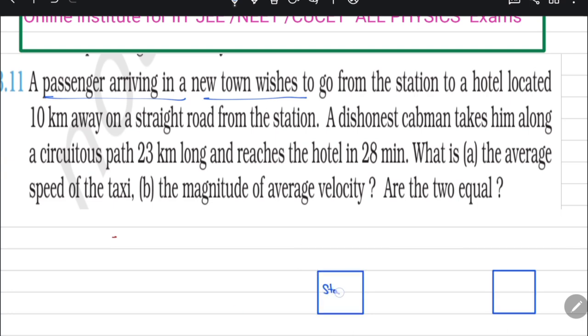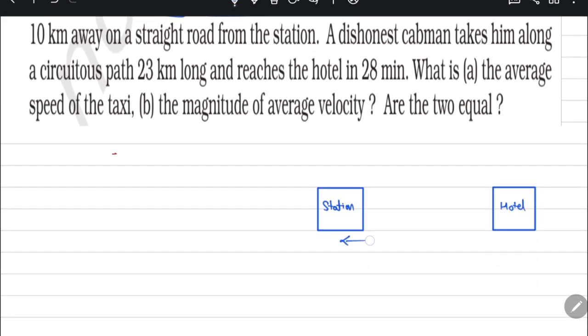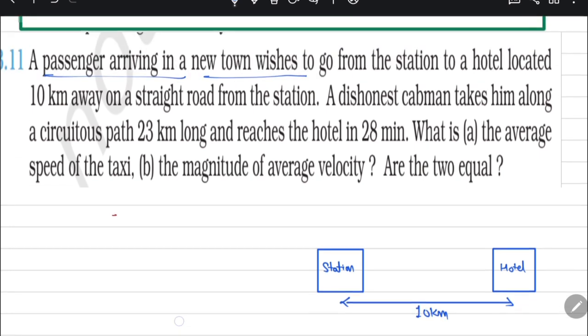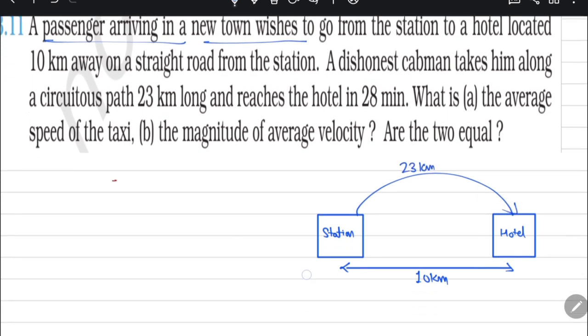This is our, let's say, station, and this is our hotel. If they go straight, their distance is 10 kilometers. A dishonest cabman takes him along a circuitous path, like the cabman takes this path in this way, so the distance is more. They say this distance is 23 kilometers, and the total time given is 28 by 60 hour.